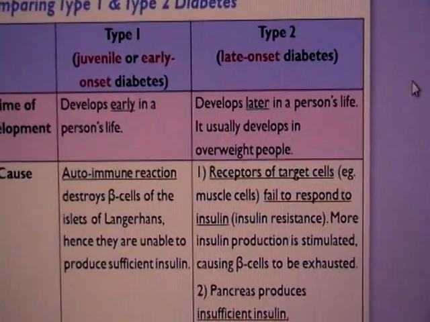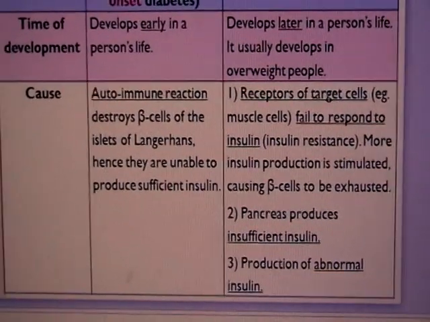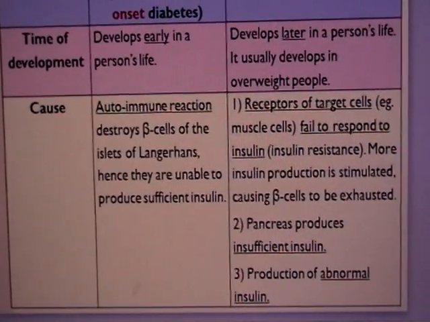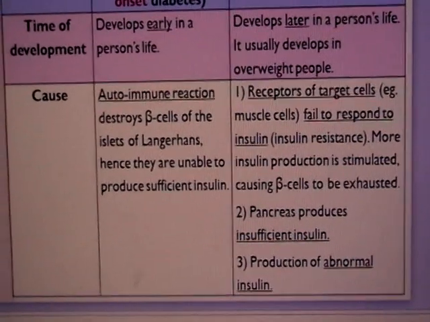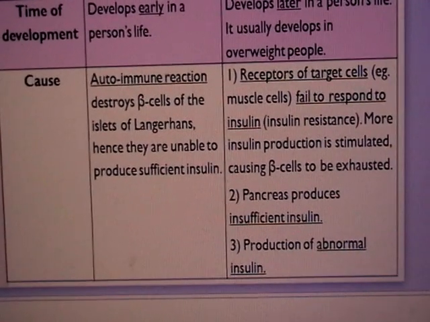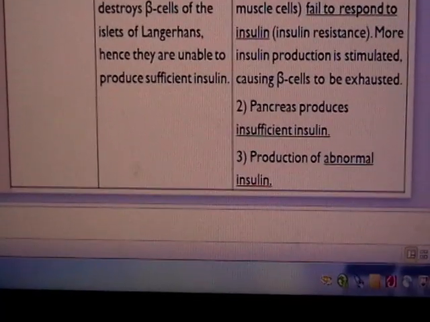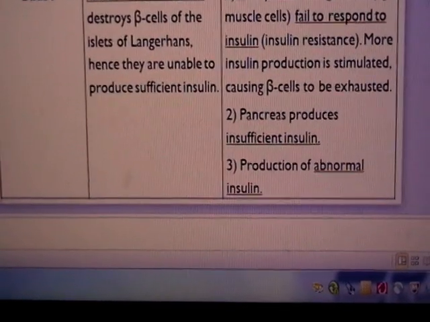In type 2 diabetes, the receptor cells fail to respond to insulin. Insulin can still be produced. However, it is the target cells which fail to respond to insulin, or we can say insulin resistance has built up in the body. For some patients, the pancreas may produce insufficient insulin.